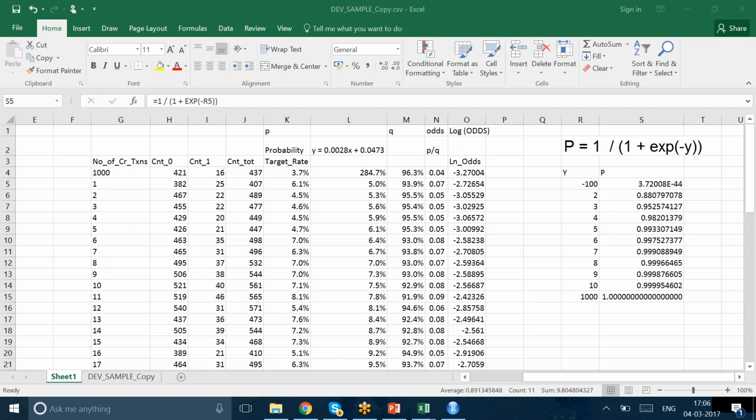Homoscedasticity, heteroscedasticity. What is heteroscedasticity? It is simple. The variance of the error term is not the same across all values of x, which means some values of x have less variance, some have higher variance for the error term.